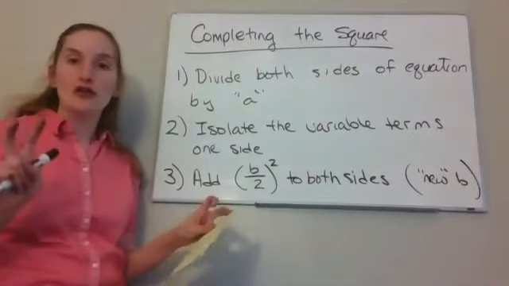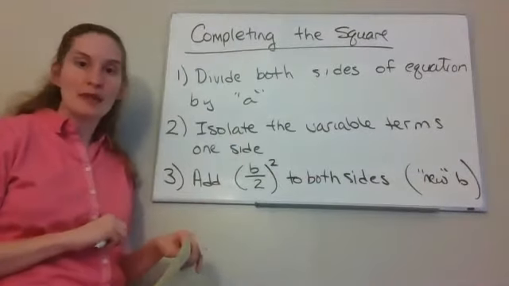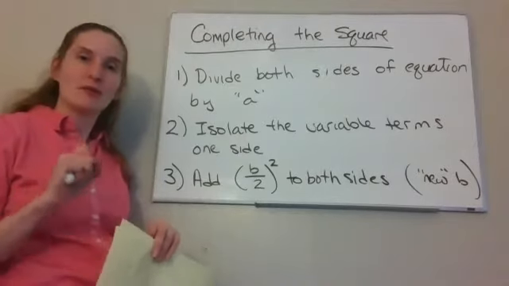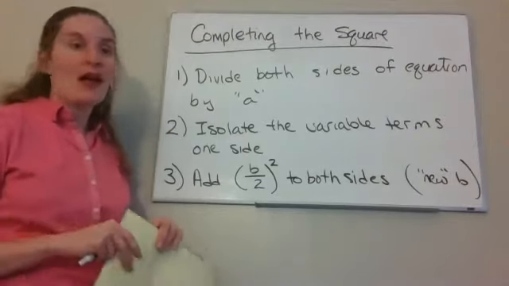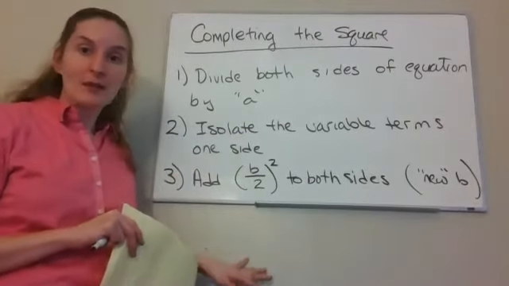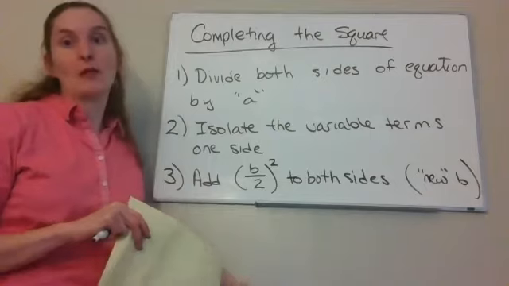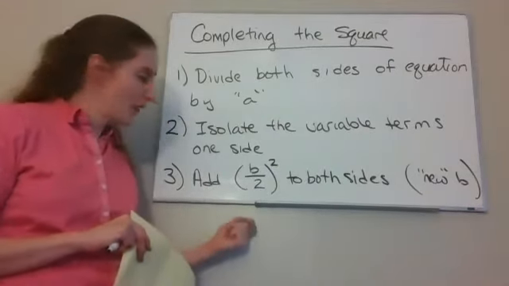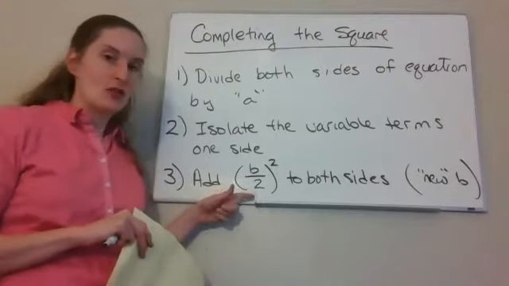This is our new b. I'm not talking about b from the very beginning of the problem. I'm talking about that number multiplied on your x term after you've already done all these previous steps. So it's possible it's a different number in front of x than it was at the very beginning, but you should use whatever number is in front of your x divided by 2 and squared.